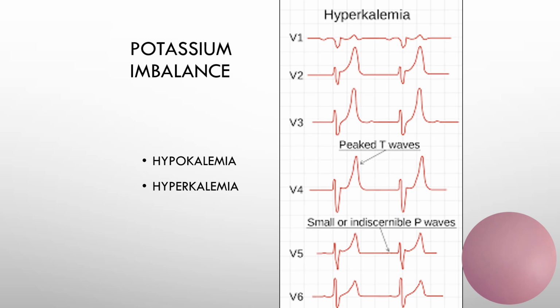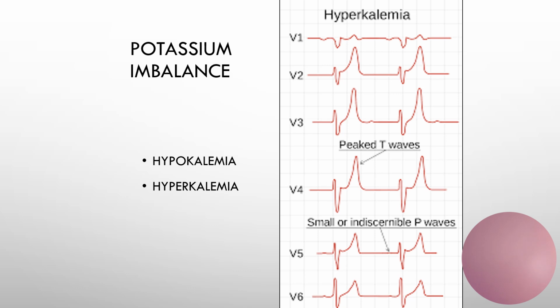The GI tract fluid loss from suctioning, drains, or vomiting. The use of corticosteroids, IV insulin, and glucose. Insulin is actually an antidote for high levels of potassium, so naturally it's going to help lower potassium levels.